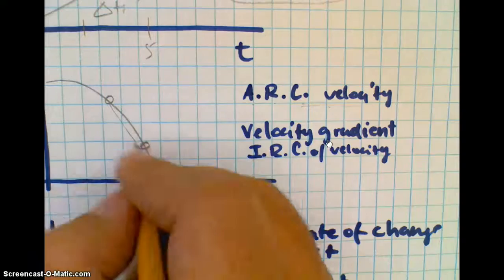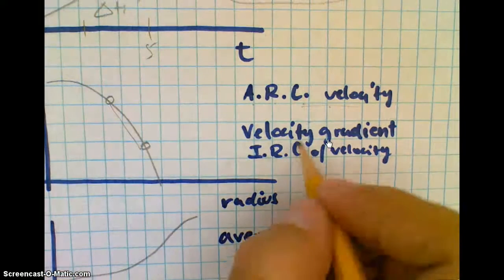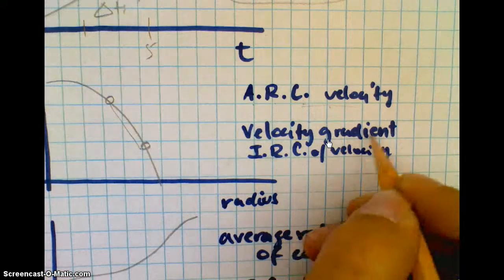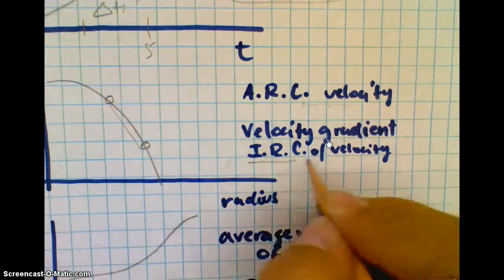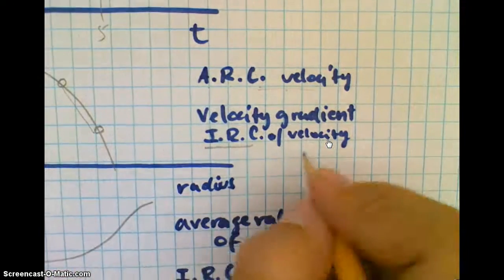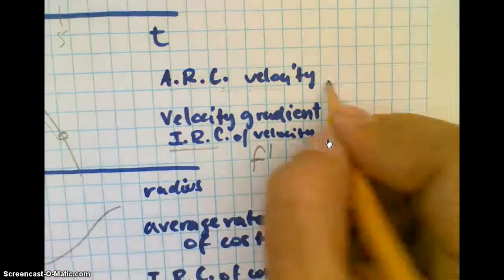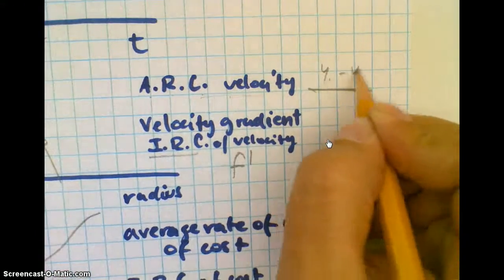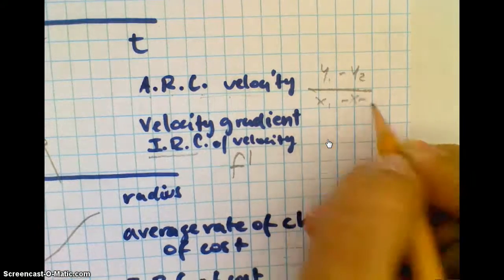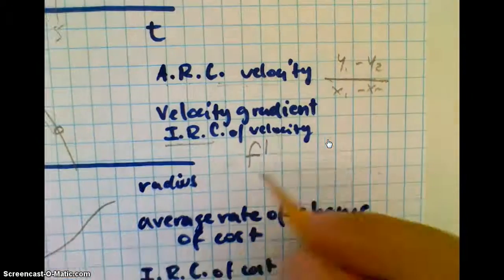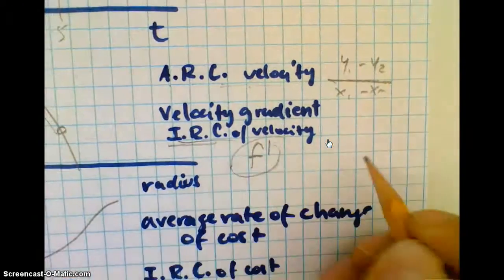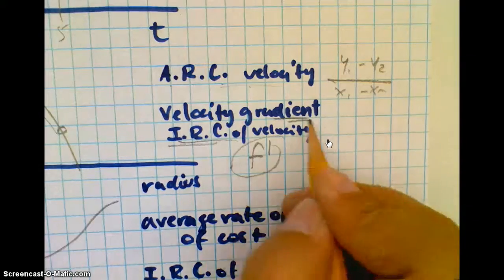I want to know how much the velocity changes, the velocity gradient, the instantaneous rate of change of velocity, again, this is the derivative. The average is y1 minus y2 over x1 minus x2, but for instantaneous, you have f prime, also called gradient.